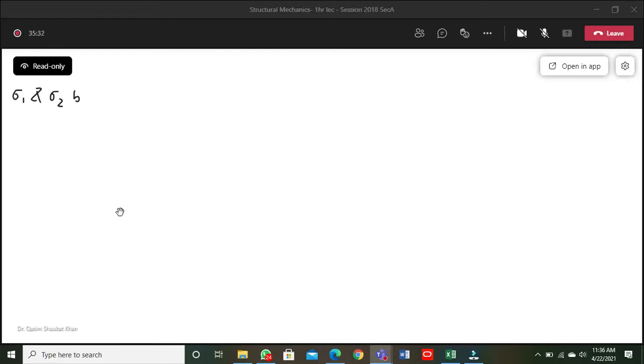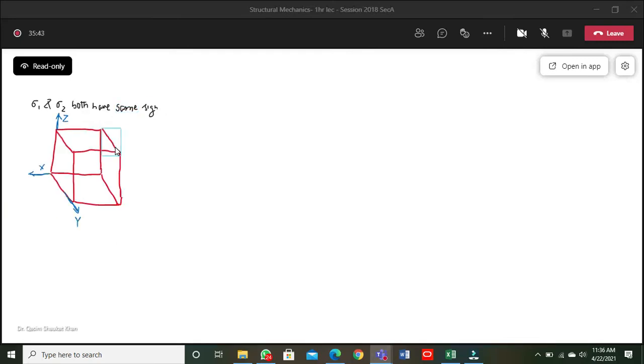However, there is sigma 1 acting along the x-axis, so this is sigma 1, and it is tensile in nature. I have represented it with arrows pointing away from the element, so this will result in the elongation. Then we have the second case, that is, let's say, z and y. So this is your z, and this is my element.